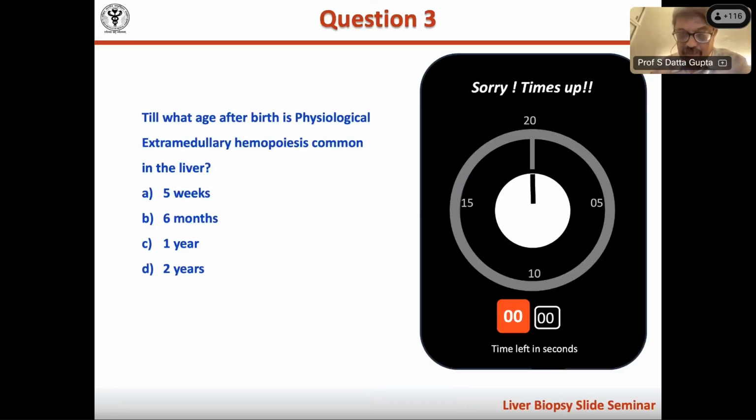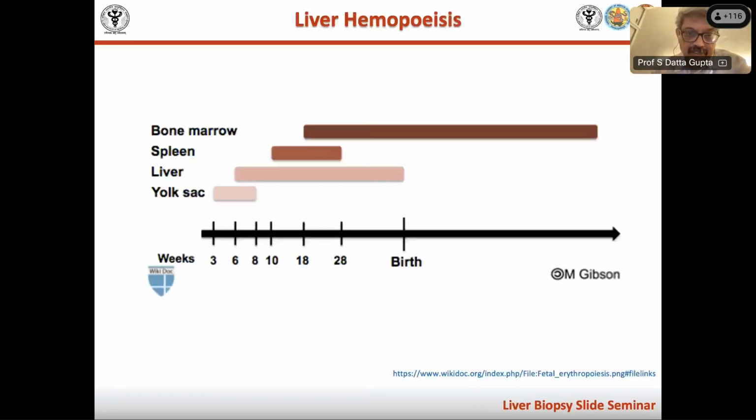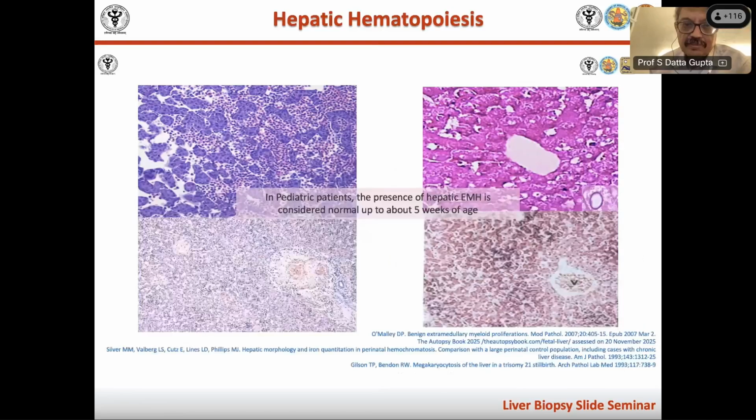Yeah, absolutely. It is 5 weeks. It's around 5 weeks you get extramedullary hematopoiesis, right? And it stops. The liver is the last organ where the hematopoiesis occurs, and from around 5 weeks it decreases. Very good.